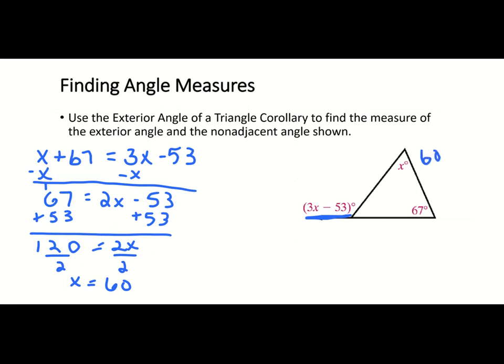And then over here, if I do 3 times 60 minus 53, that means 3 times 60 would be 180 minus 53. And that should give me 127, which would be the sum of 60 and 67. So x equals 60, and the exterior angle is 127 degrees.